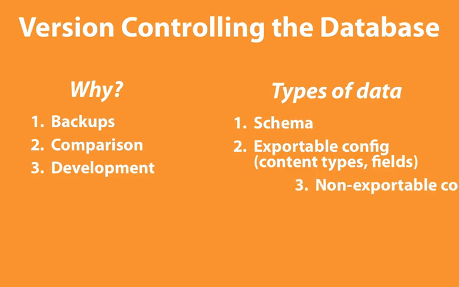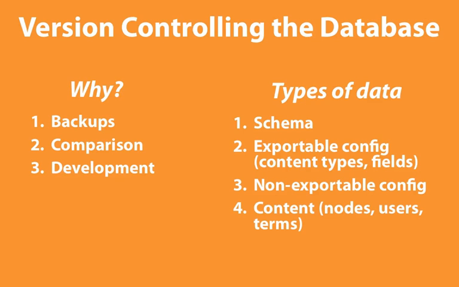But sometimes we have configuration that's not exportable, or we are using a piece of content as a type of configuration. And we'll talk about how to add these to version control in a bit. And finally, we have content, like nodes, users, taxonomy terms. All of these items are typically ones that you'll want to keep out of version control, simply because over time the amount of data becomes too great.